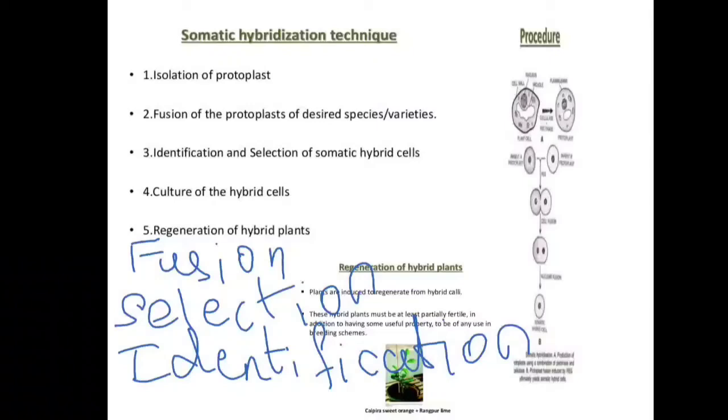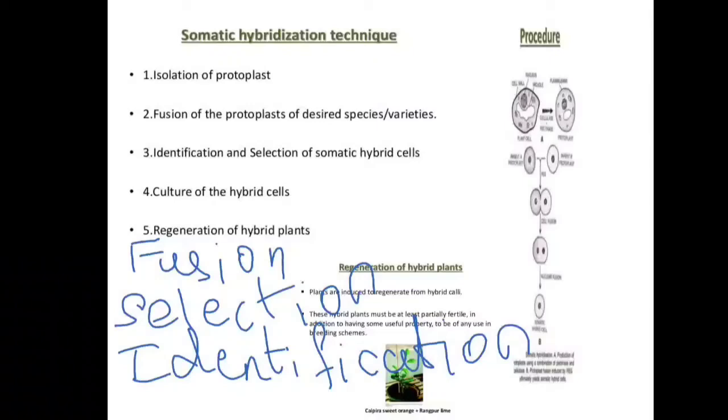Okay, so the induced fusion can be explained in three main categories, that is adhesion, plasma membrane fusion, and formation of heterokaryons. So in adhesion, when the two protoplasts are in close contact with each other, there is a formation of adhesion. This adhesion can be induced by the fusogens.